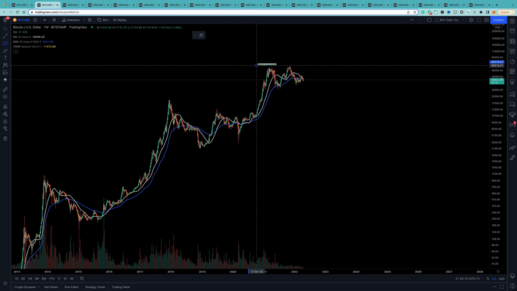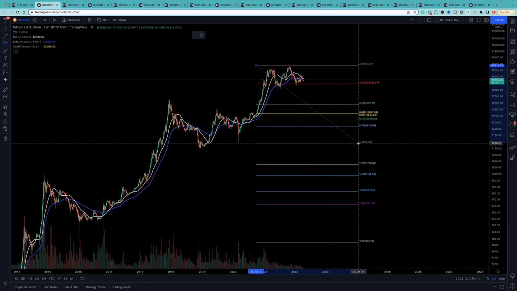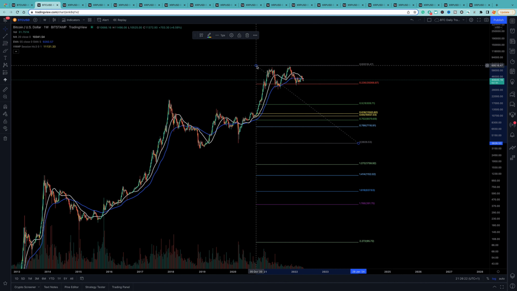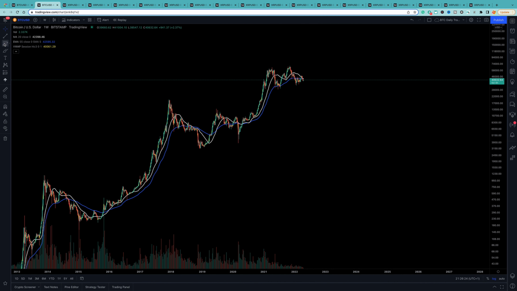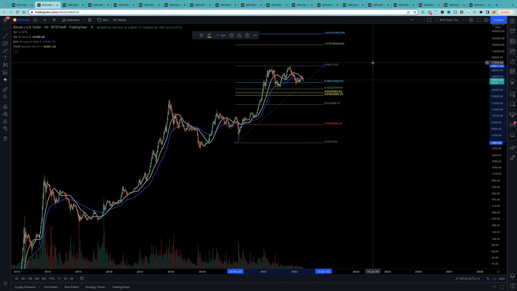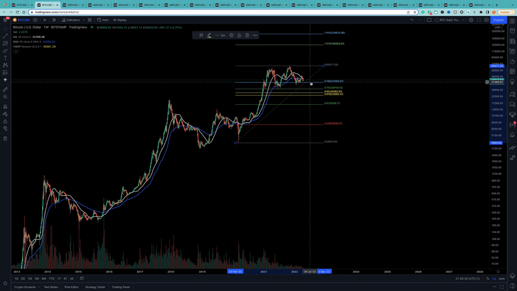If we put the fib on it, okay, there's the 05 at 16. I don't think it's going to go that far. Let me do it this way, from the bottom to the top. I'm just curious what the fib shows here.